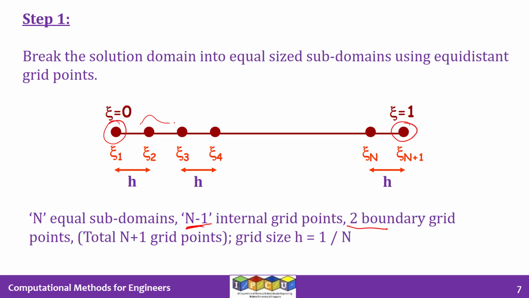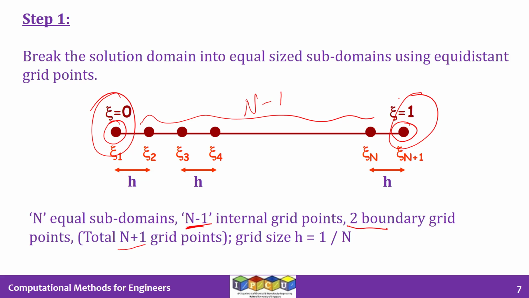Psi 2 to psi n, these n minus 1 locations are called the internal grid points because they are internal to the domain. So we have a total of n plus 1 grid points: n minus 1 internal grid points and 2 boundary grid points.